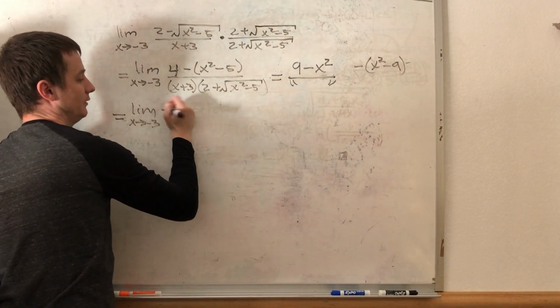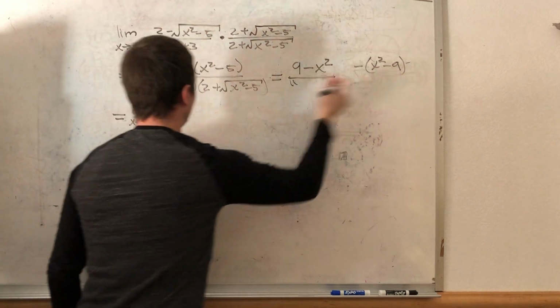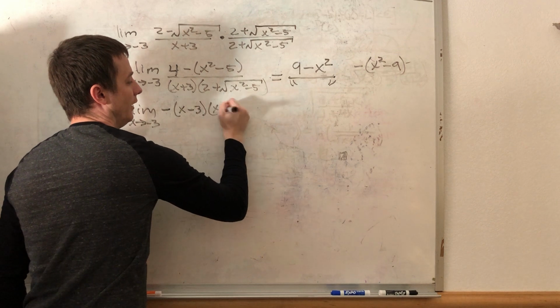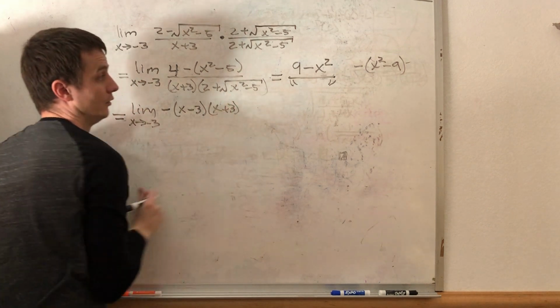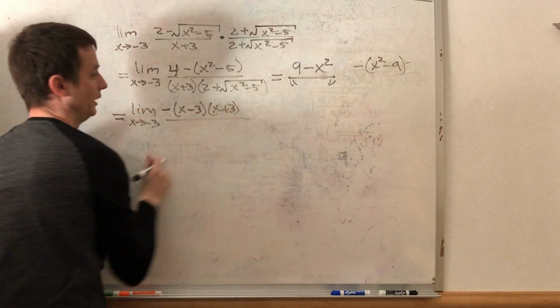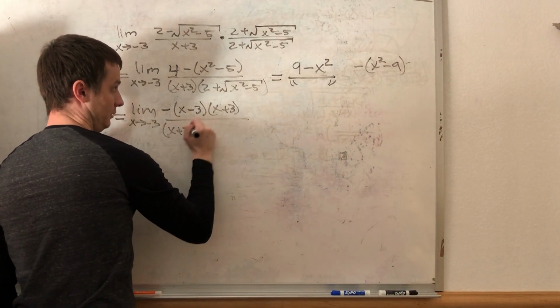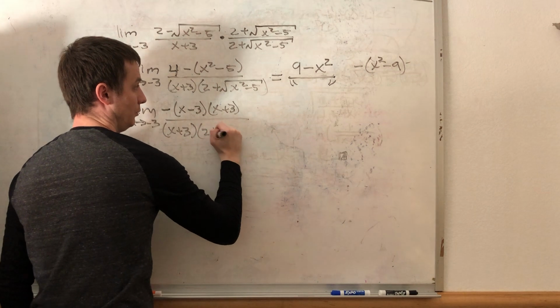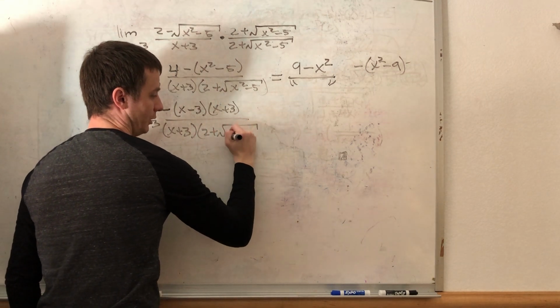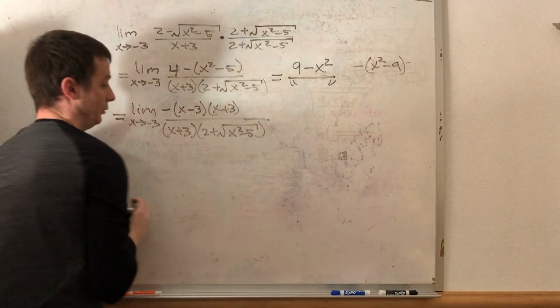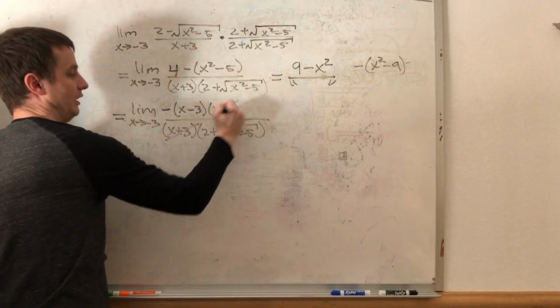So this is the same thing as negative, when I factor this part, it's going to be x minus 3, x plus 3. That's my numerator, all over, and my denominator is still this whole thing: x plus 3 times 2 plus the square root of x squared minus 5. Okay, so now the x plus 3 cancels out with the x plus 3.